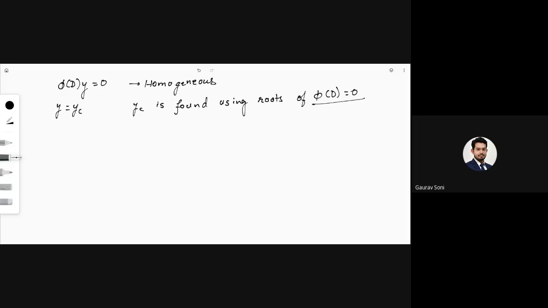The equation is called the auxiliary equation. This we have seen in the previous lecture.